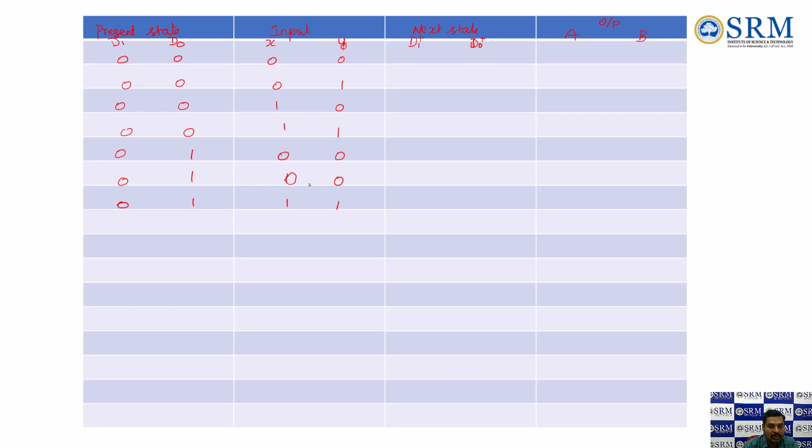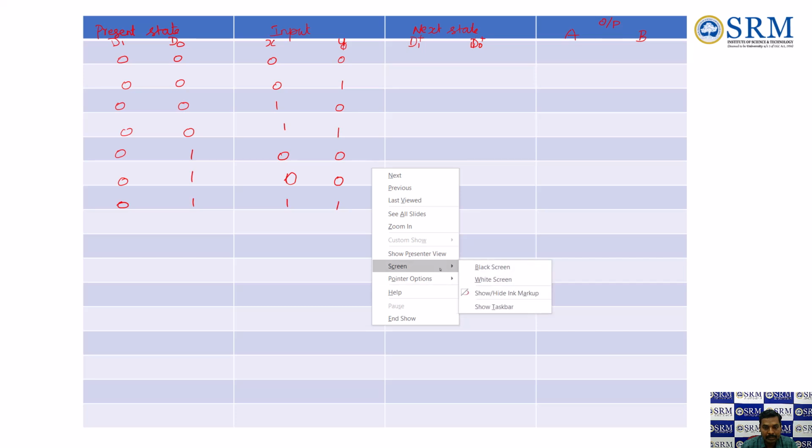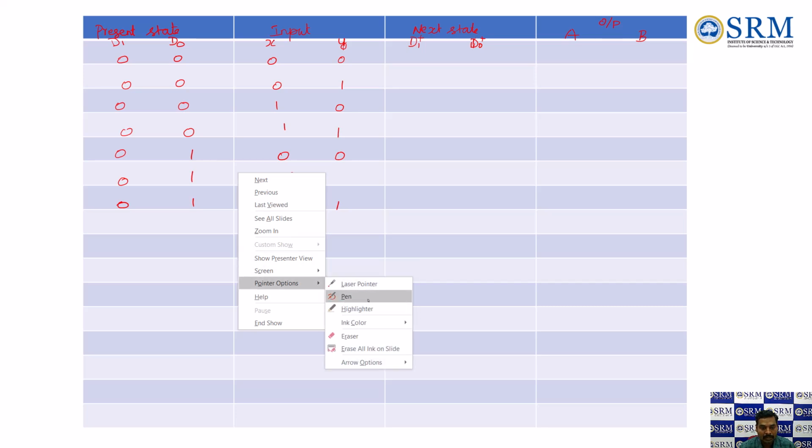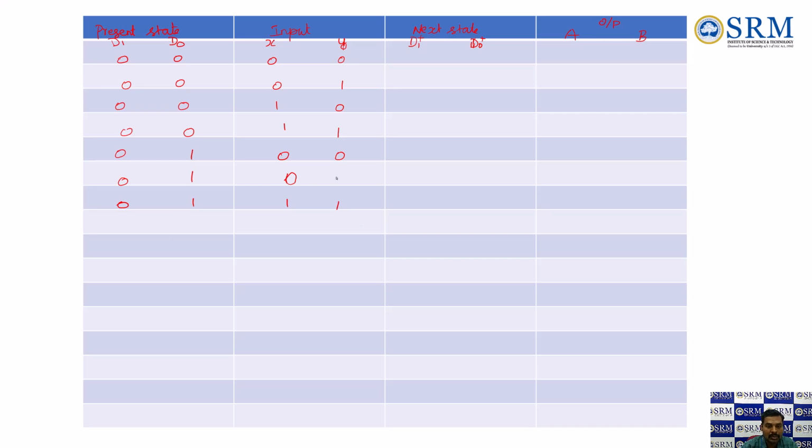Here I missed one more value, so 1 0 0 0, 1 0 0 1, 1 0 1 0, 1 0 1 1, 1 1 0 0, 1 1 0 1, 1 1 1 0, and 1 1 1 1.